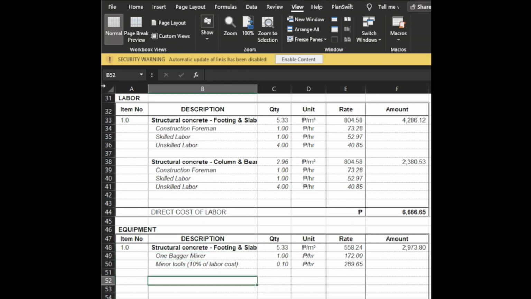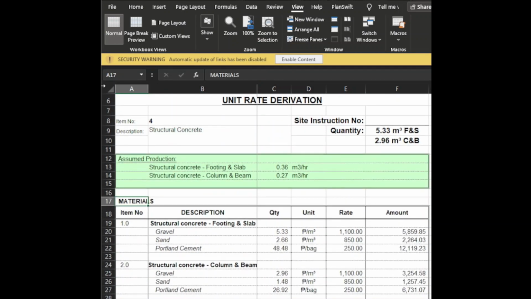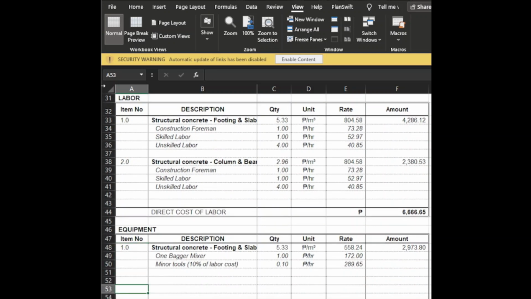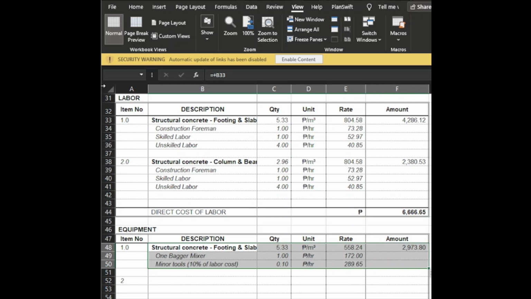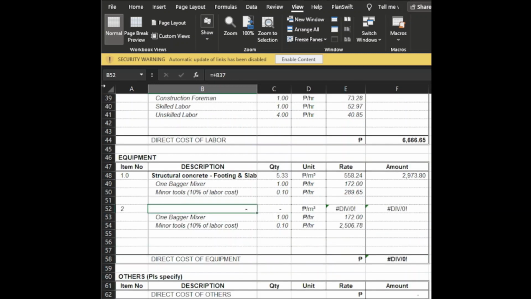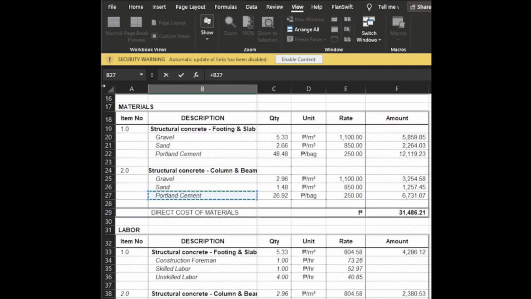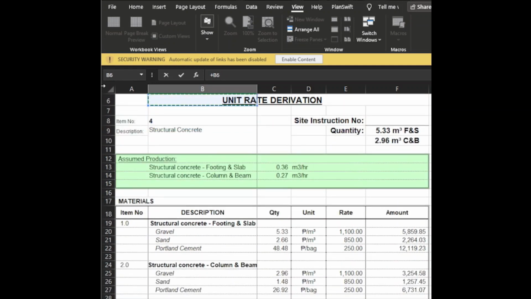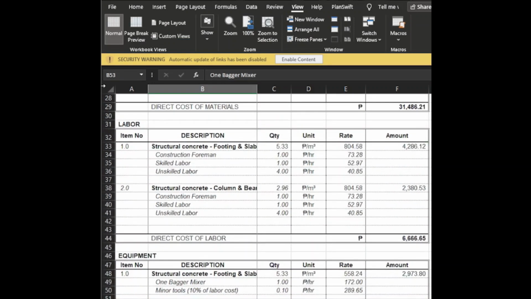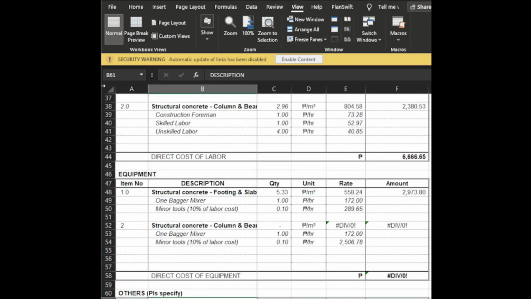Our equipment, or we can put number 2 here also. We have number 2 also here. Just copy this one here to make it easier, because we have the same equipment also. The only difference is the assumed production of each item.